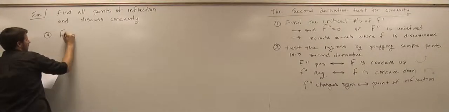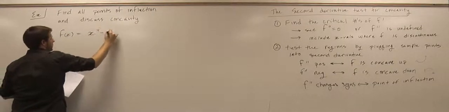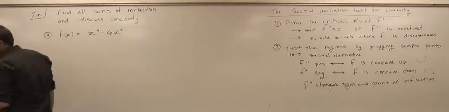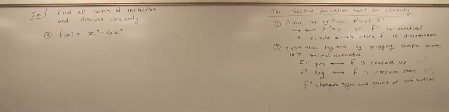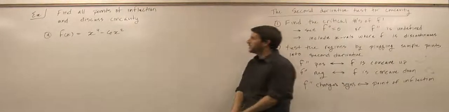Start with a good old polynomial: x to the fourth minus 6x squared. I want to know where this guy bends up and where he bends down.